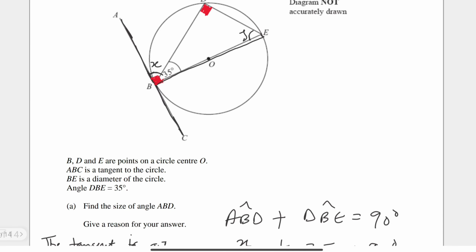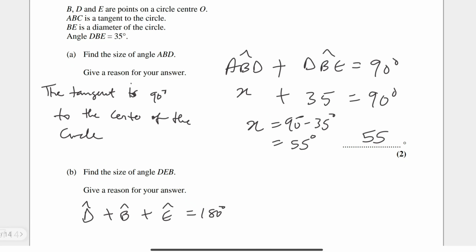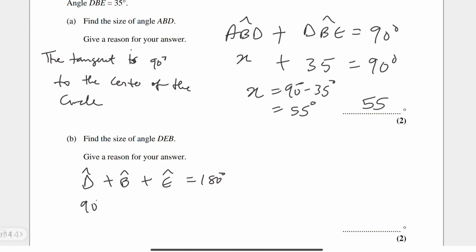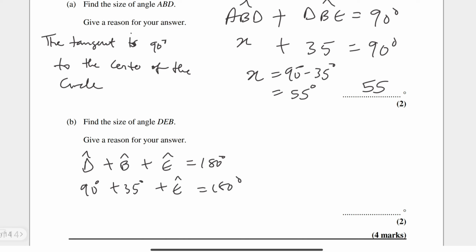And since we know that D is a right angle, that will make 90 plus 35 plus E equal to 180 degrees. So E is 90 minus 35, which is also 55 degrees. So hence this is 55 degrees.